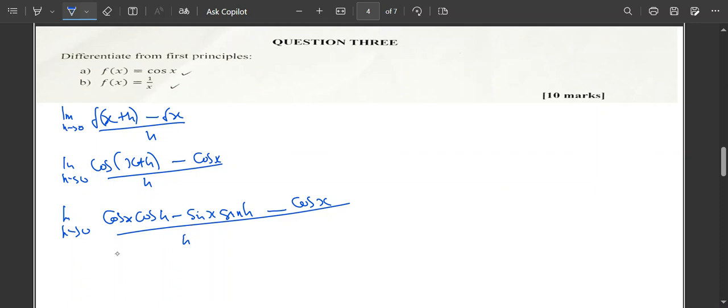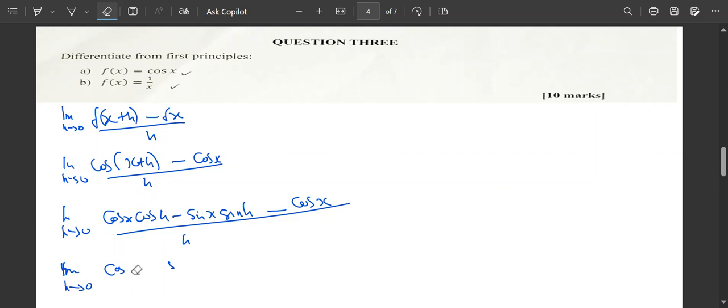So now we can see lim as h approaches 0. Now what I'm going to do here, I'll factor out what is common. Cos x is common. By the way, I need to group the right terms here.